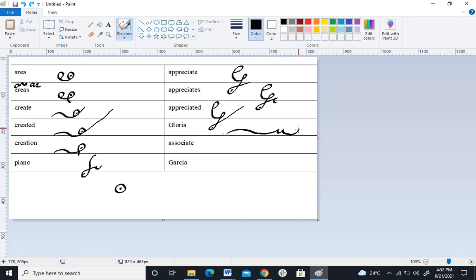Next, association. Associate pala, I'm sorry. Associate. So, we have A-S-O-Shiate. Yung ating palang ano dito, capital symbol. Next, Garcia. So, we have G-A-R. Ulitin natin. Masyadong mahaba yung R. G-A-R-S.